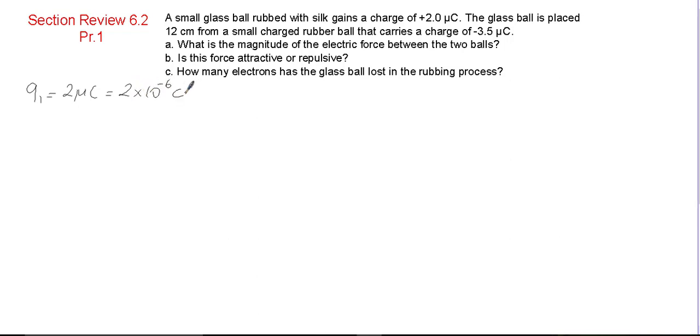And then the glass ball is placed 12 centimeters from the small charge. It is given, or in our book it is used as R. R is given 12 centimeters. So when we change it to meter, it will be 0.12 meters when we divide it by 100. And it says the rubber ball has a charge of minus 3.5 microcoulomb.